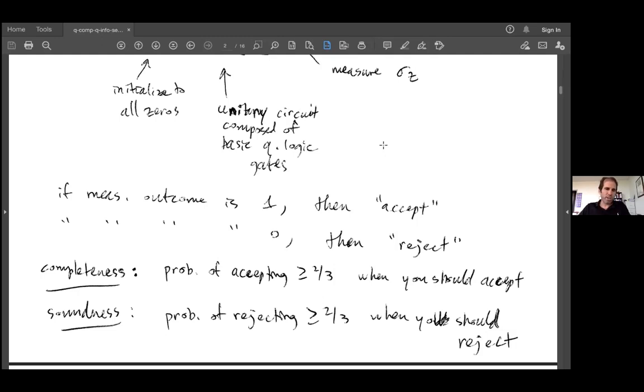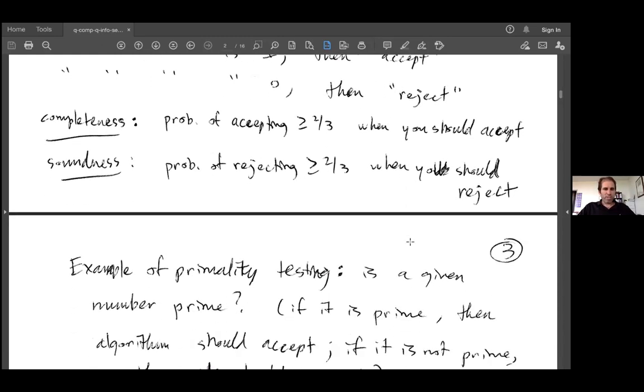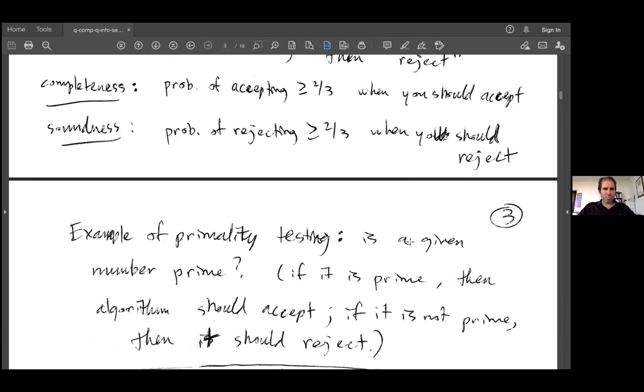The completeness condition is that you're accepting with probability greater than 2/3 when you should accept. So if the number is prime, then the computation you execute should say, yes, it's prime, with probability greater than 2/3. And if it's not prime, then you should reject with probability greater than 2/3. That's the basics of BQP.